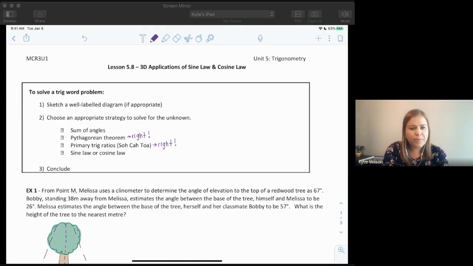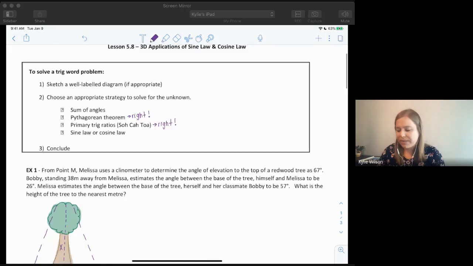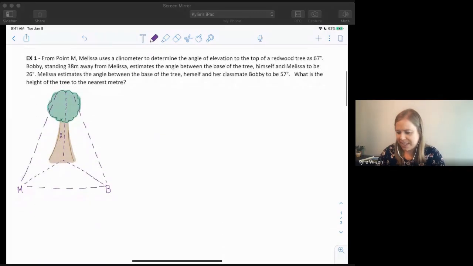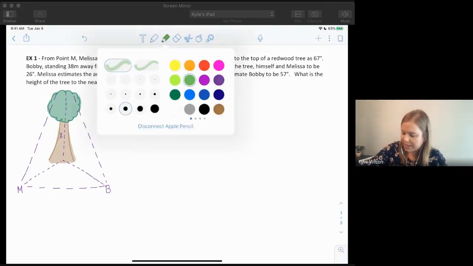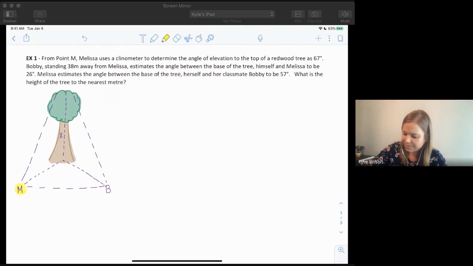So I've drawn a bit of a diagram here just to help you out. But what we're going to do is we're going to break it down a little bit further to make it a little more clear. So from point M, which I have labeled right here, Melissa uses a clinometer to determine the angle of elevation to the top of a redwood tree as 67 degrees.